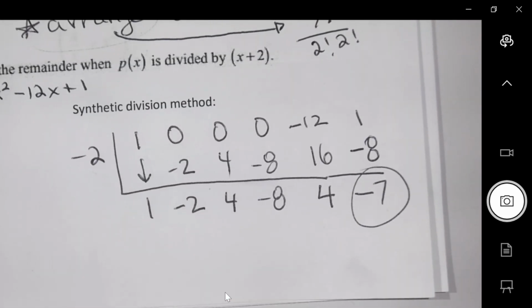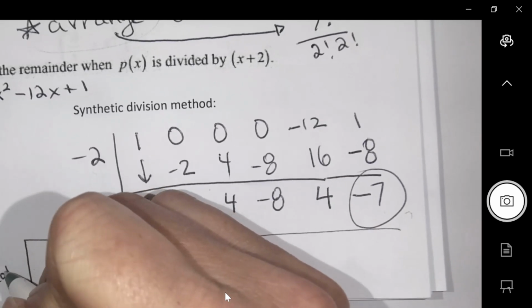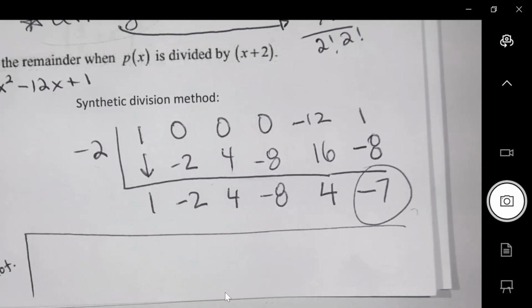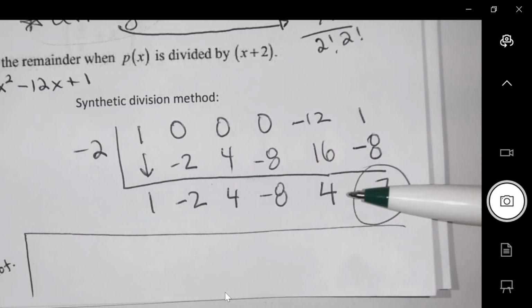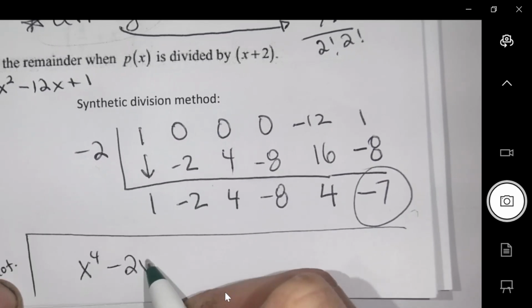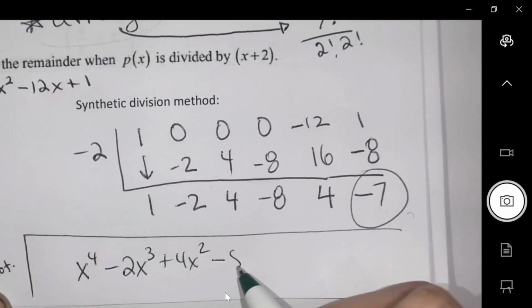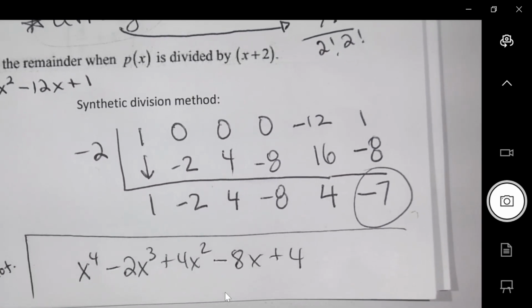Okay, I'm going to ask this, even though I didn't put it on this question. Can you write the quotient for me? How would you write this as a quotient? Just practicing that skill. So we started with an x to the 5th and divided by an x. So this is now going to be 1x to the 4th minus 2x cubed plus 4x squared minus 8x plus 4.